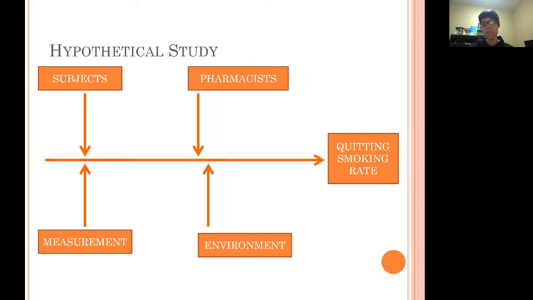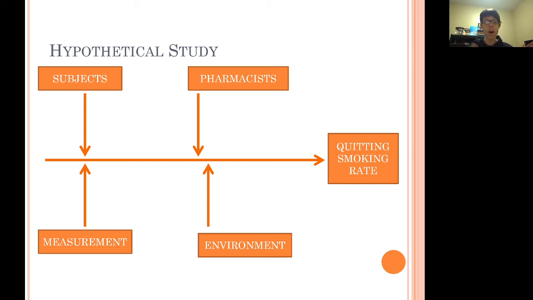We could talk about the pharmacists that are administering the study and potentially their biases or the way that they act and how that might affect how people quit smoking. We could talk about the environment, so factors beyond our control that may affect how people quit smoking.